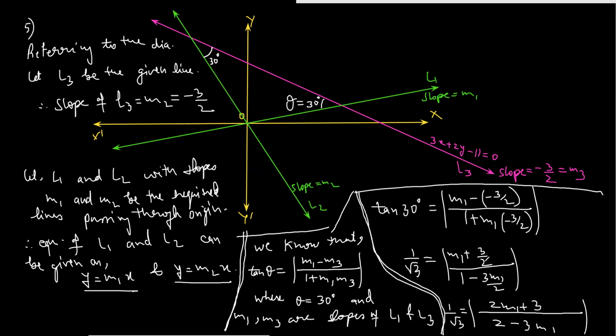Let me write that step also. So here 2 is the LCM, so you get 2m1 plus 3. And here also 2 is the LCM, so you get 2 minus 3m1. This 2 cancels.